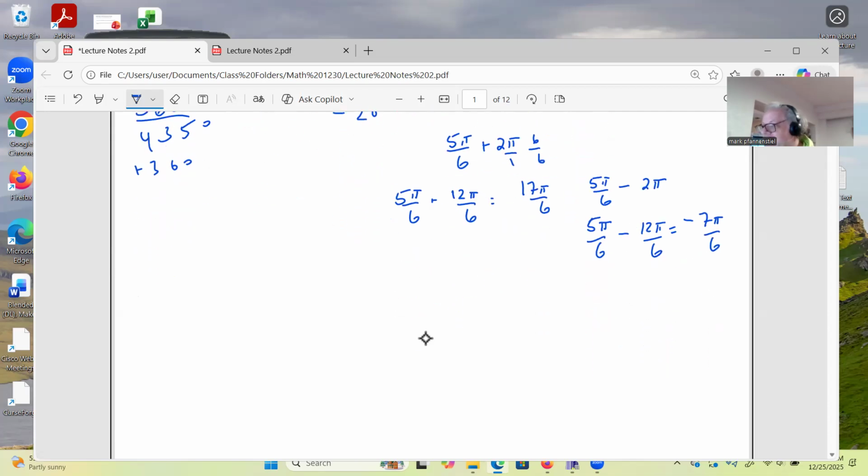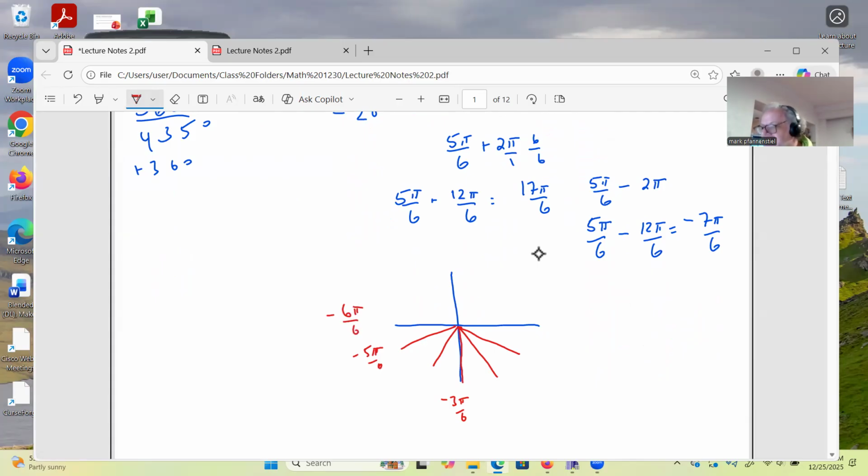So again, we could count this around, looking at what's going to happen here. We have negative 1 pi over 6, negative 2 pi over 6, negative 3 pi over 6. That would be negative 90 degrees, straight down. Then negative 4 pi over 6, negative 5 pi over 6, and finally negative 6 pi over 6, which you say, well, isn't it the same as 6 pi over 6?